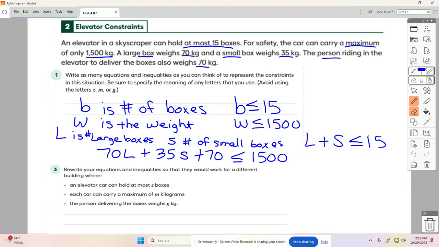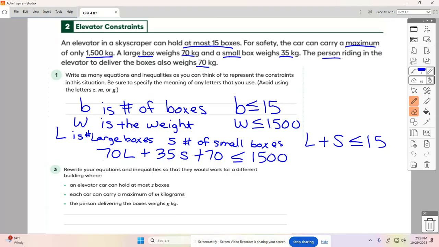All right, so all we did was look at the situation and write inequalities to make sure we paid attention to these constraints and don't break any of the rules, okay? In number 3, an elevator, all we're doing is rewriting these inequalities so that it would work for any different building.